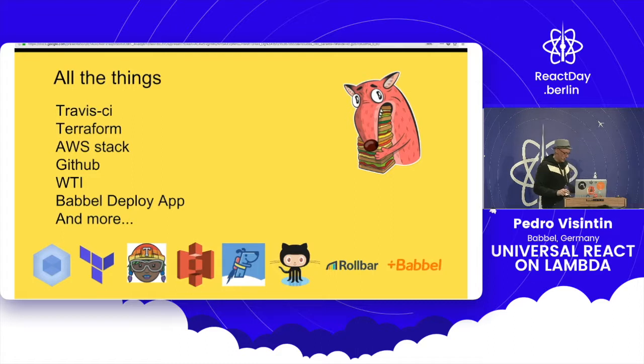But we also have a lot of things around that we have to deal with, because to deploy this application we use some tooling. We are not using the serverless framework. We are using our Travis CI and our own deploy application. We have a lot of tooling around that we have to integrate.